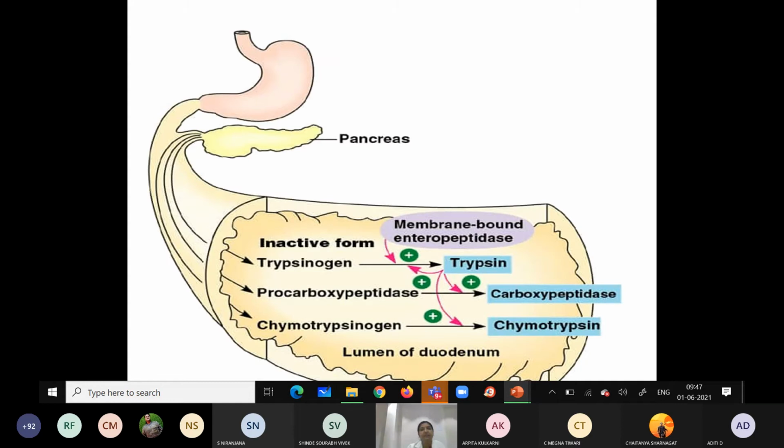Then this is again a diagram showing the inactive forms: trypsinogen, procarboxypeptidase, chymotrypsinogen. These are all inactive forms. They get activated into trypsin, carboxypeptidase and chymotrypsin in the lumen of the duodenum with the help of enteropeptidase, and then trypsin carries out the autocatalytic action. I think this much is clear.